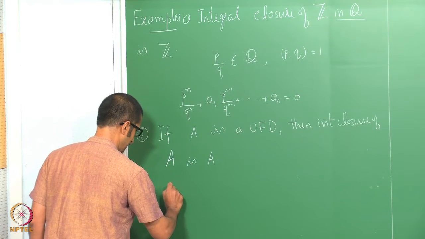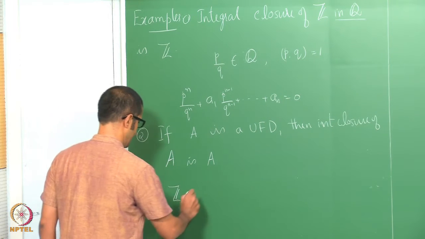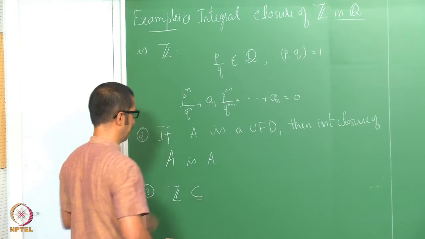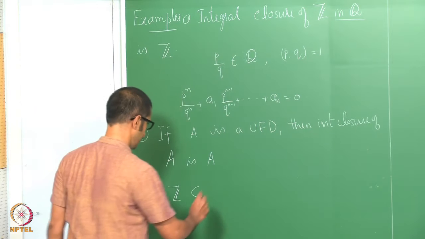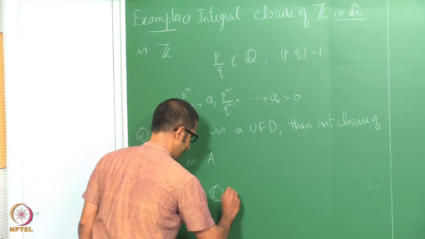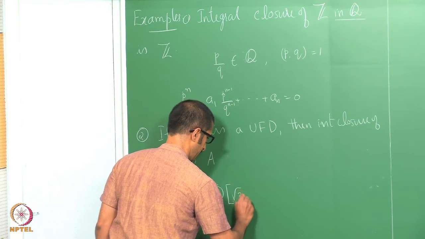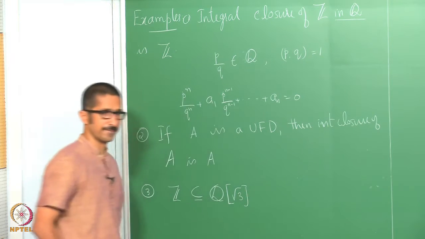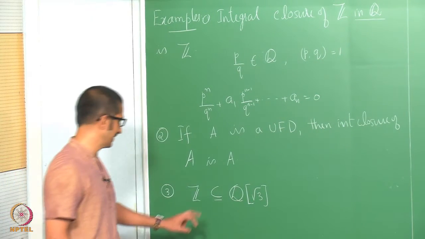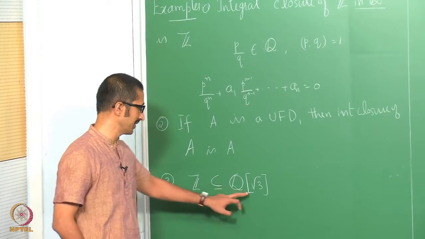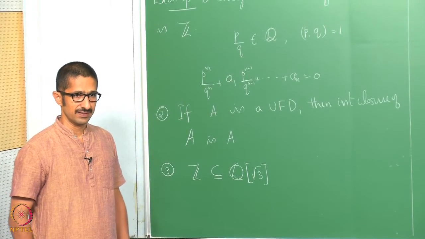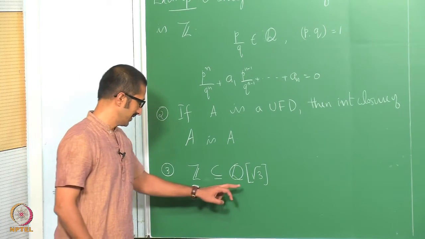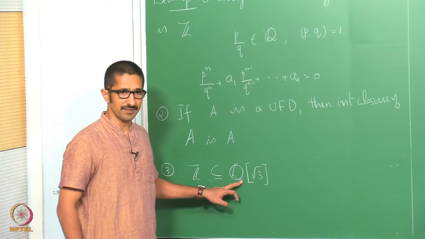Let us take Z. So, we saw that the integral closure of Z in Q is Z itself. What if I take Q root 3? What is the integral closure of Z in Q root 3? Z is certainly there.